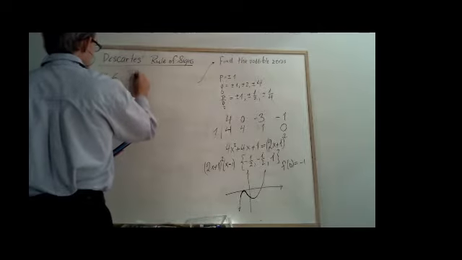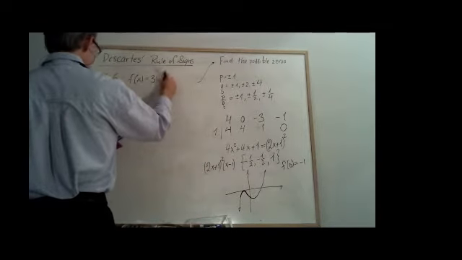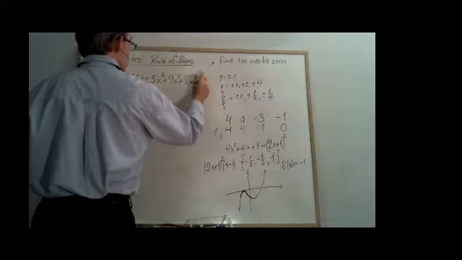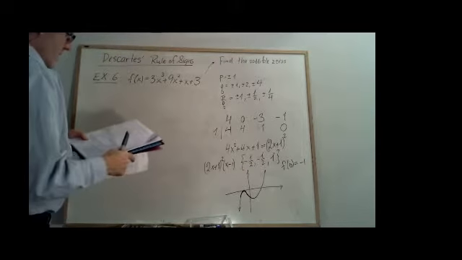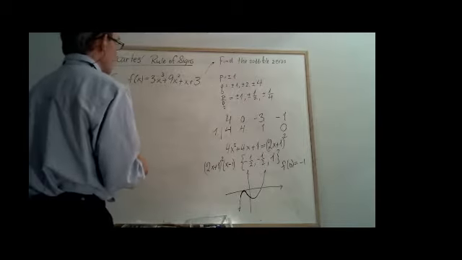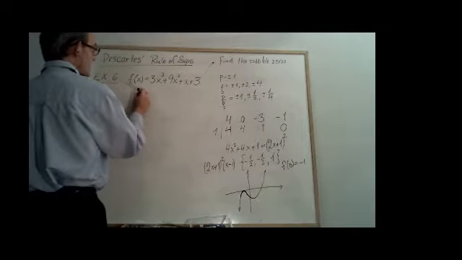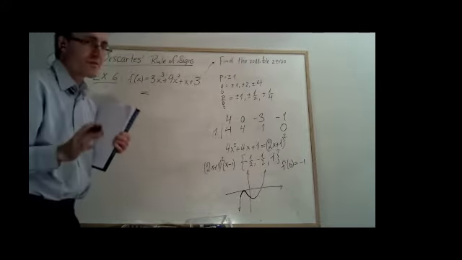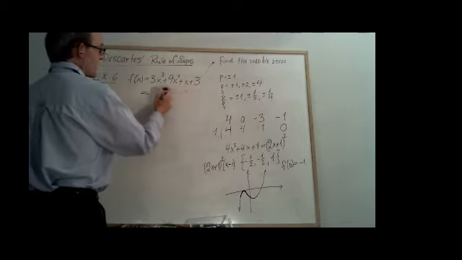We have f of x is equal to 3x cubed plus 9x squared plus x plus 3. Okay, so how do we do that? Well, the book does it differently, but I noticed, after I did it the hard way, that you could do this by grouping.